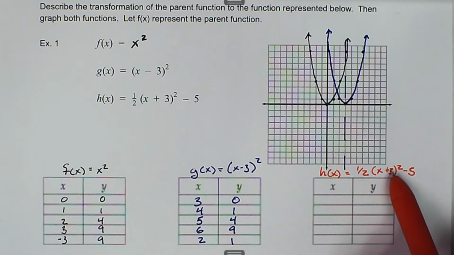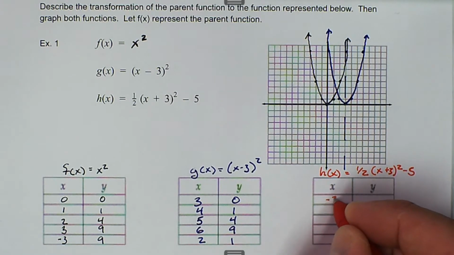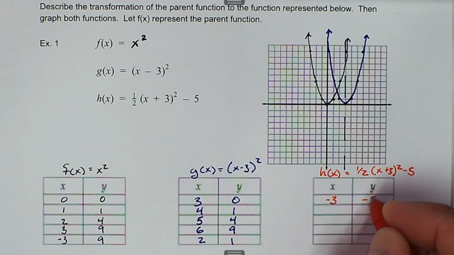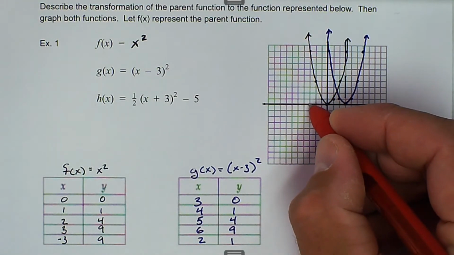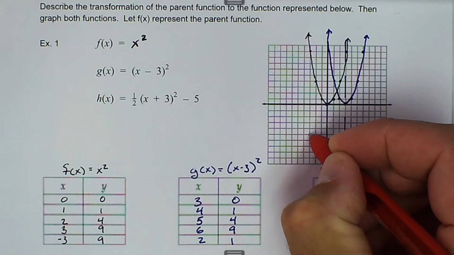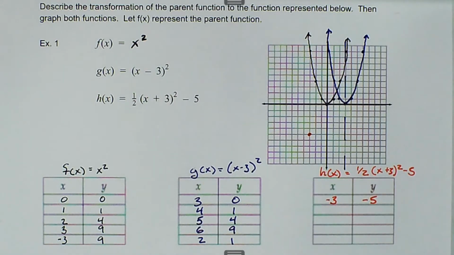But plus 3, remember, because the original equation has a minus sign in it, means that we actually substituted in a negative 3. So our vertex is going to be negative 3, and then the y portion is straightforward, negative 5. So that will be our vertex. So negative 3, 1, 2, 3, negative 5, 1, 2, 3, 4, 5. So that's where the vertex is.